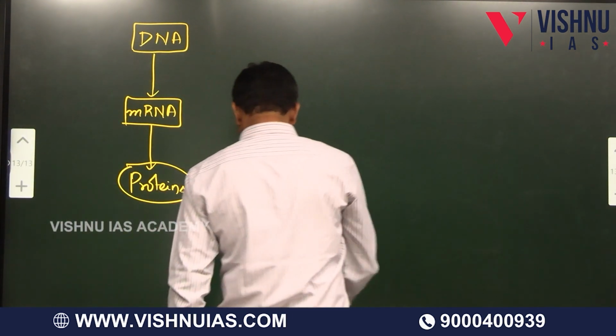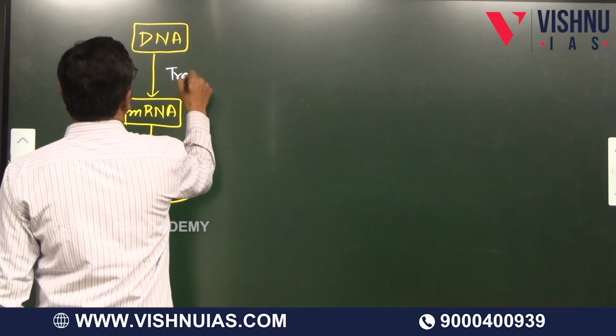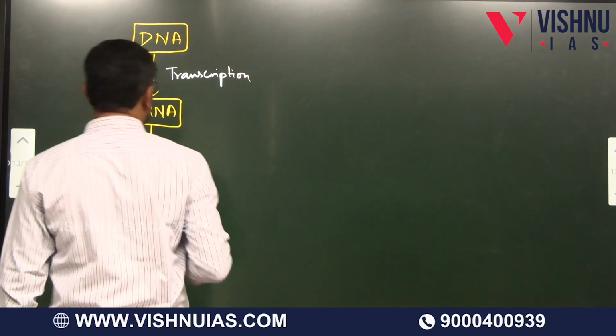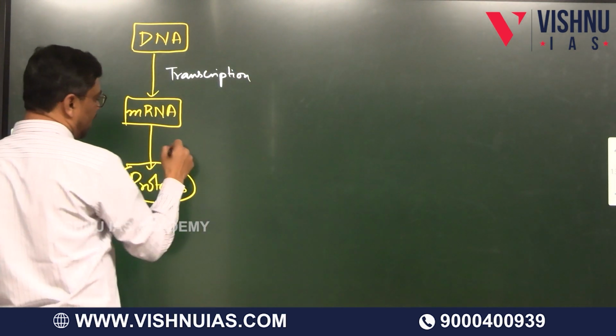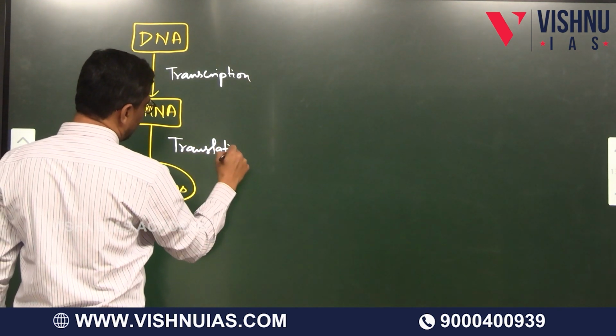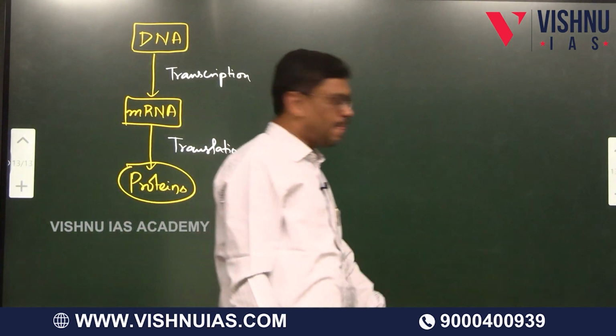And this process, that means the conversion of DNA to mRNA, is called transcription, and from mRNA to proteins, it is called translation. We know it very well. This entire process is called the central dogma.